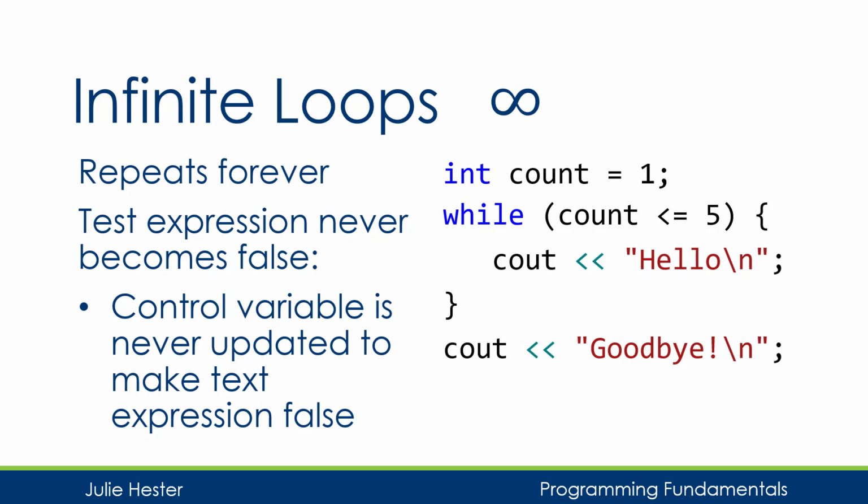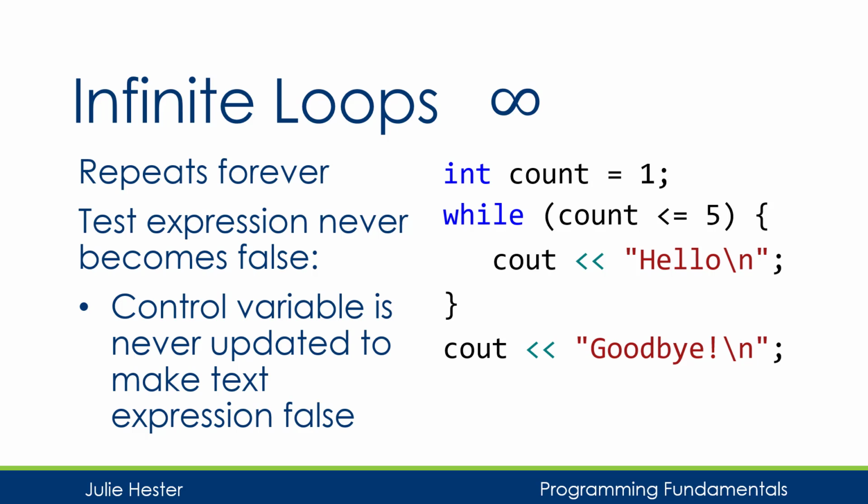And so I'm going to go back up to my test expression. I'm going to compare count to 5. Count is still 1. I'll print the loop body again, or execute the loop body again, and go back up to the test expression. And what I'll see if I execute this program is my screen will fill with lines of code that say hello, hello, hello, hello, over and over until I actually kill that process.